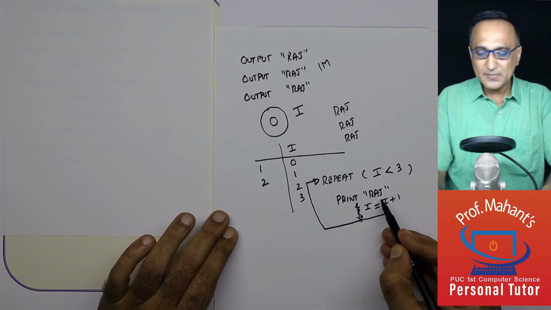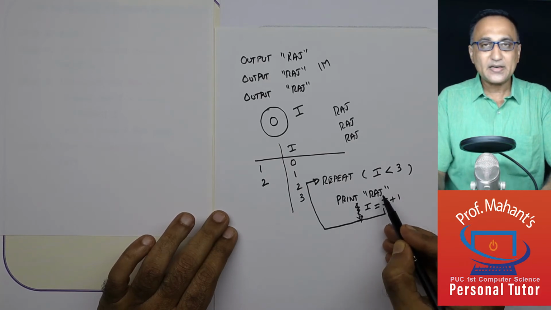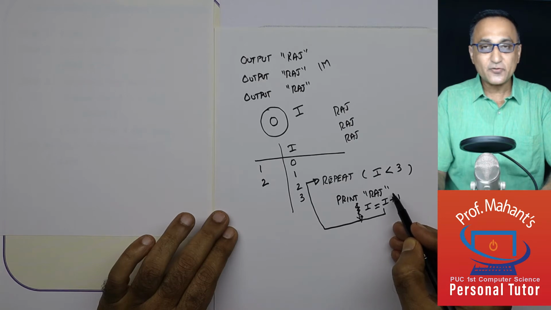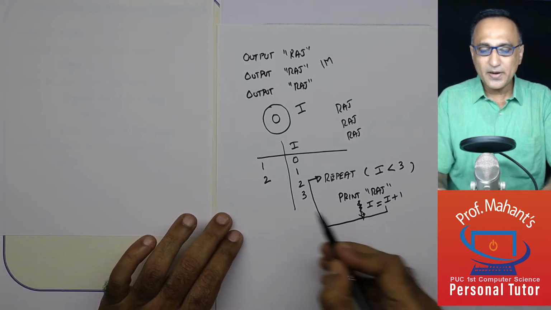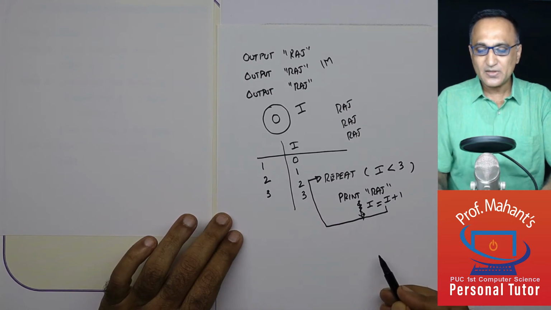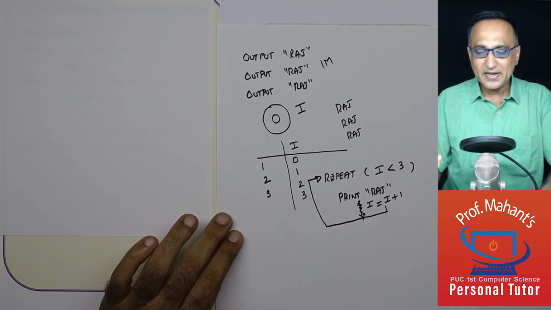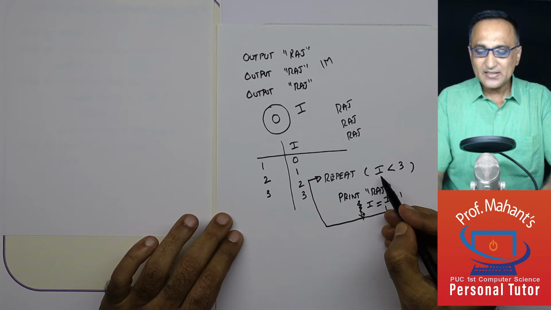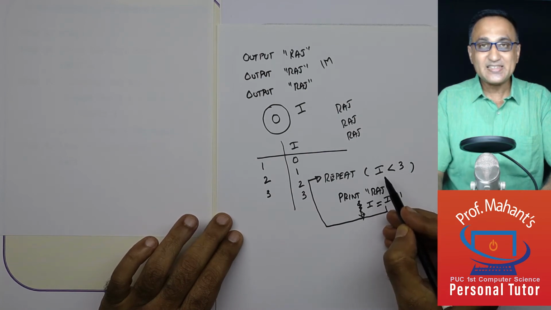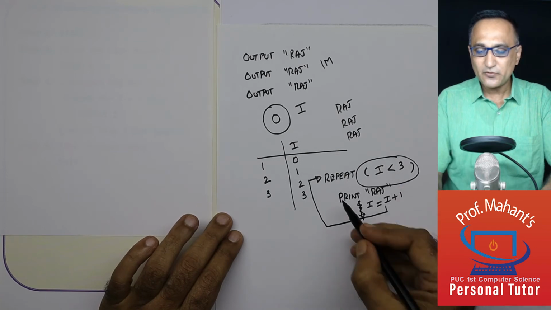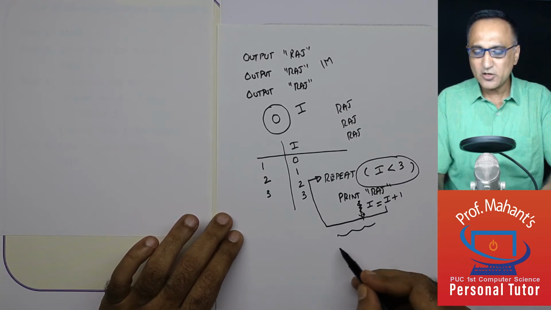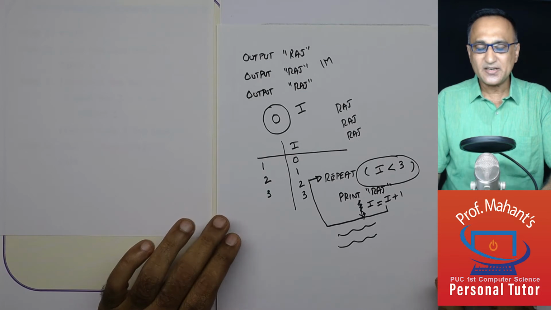Absolutely. So I come in here. I again print Raj. I print Raj for the third time. I was 2. From 2 now I increased by 1. I became 3. Since I have printed Raj 3 times, if I go back and see here, 3 is not less than 3. 3 is equal to 3. So this particular condition becomes false and I come out and I execute whatever are the next statements here.